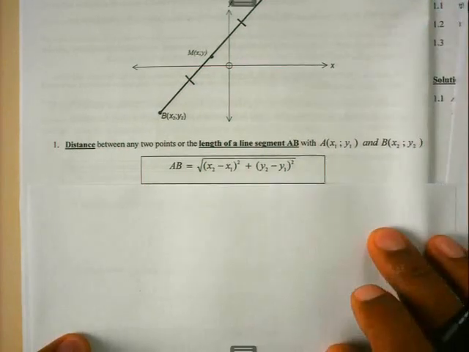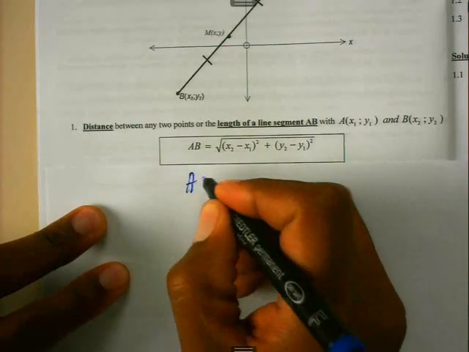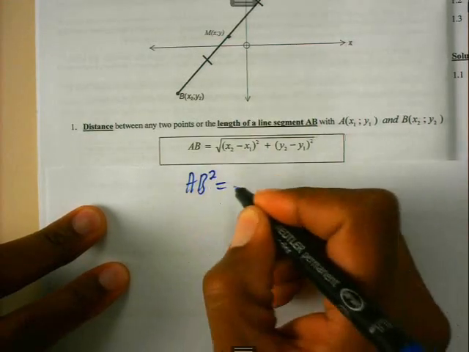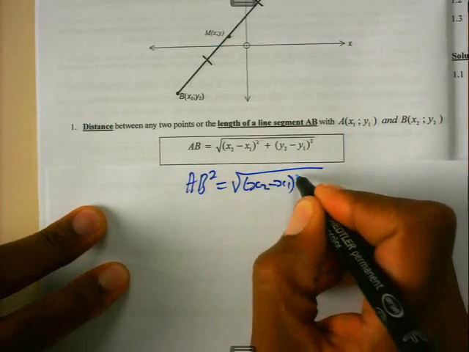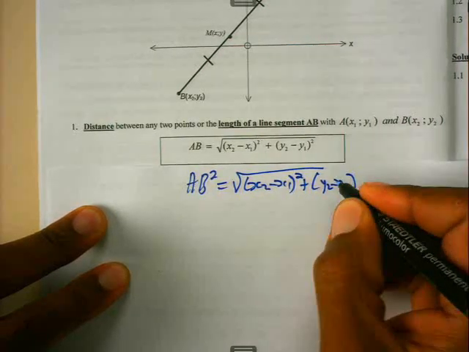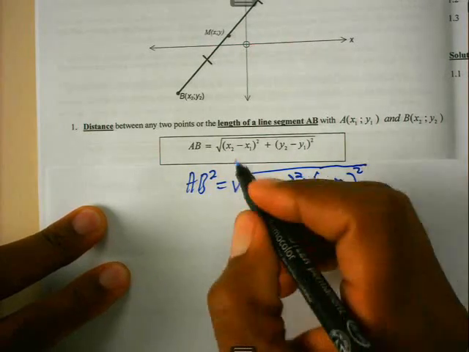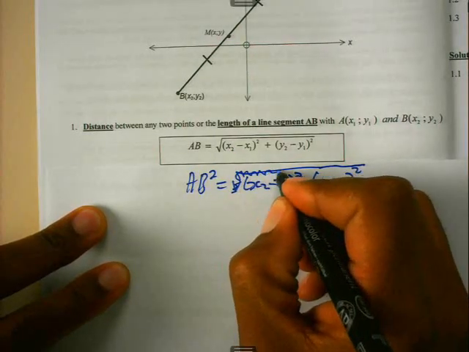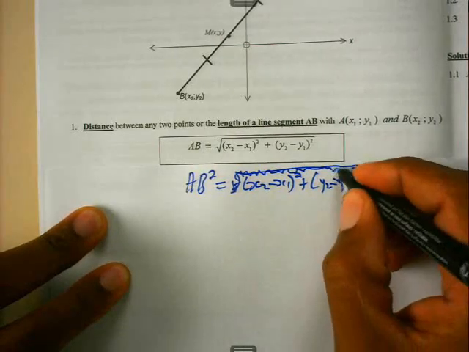On top of this, I can also add the one where AB squared is equal to (x2 minus x1) all squared plus (y2 minus y1) all squared. Now everything must not be inside the square root here, because we have the 2 on this side. Why am I adding this formula?